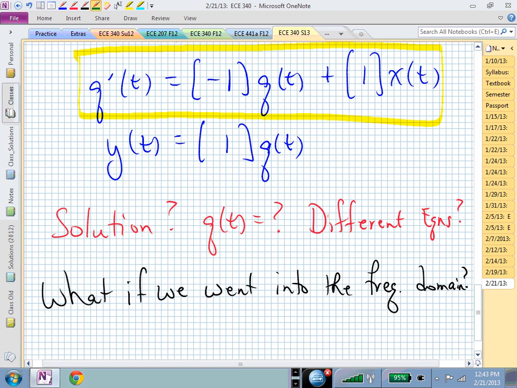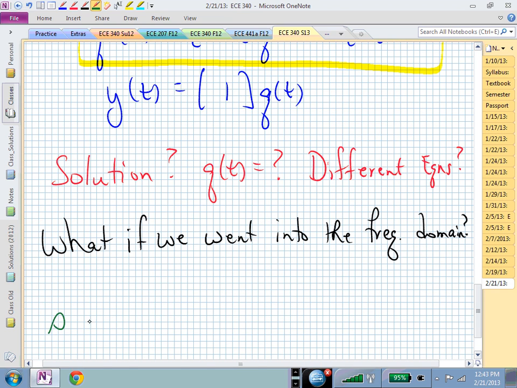What's the Laplace transform of a derivative? We multiply the function whose Laplace transform we're finding, let's call it capital Q of S, again just a scalar, by the complex frequency variable S.